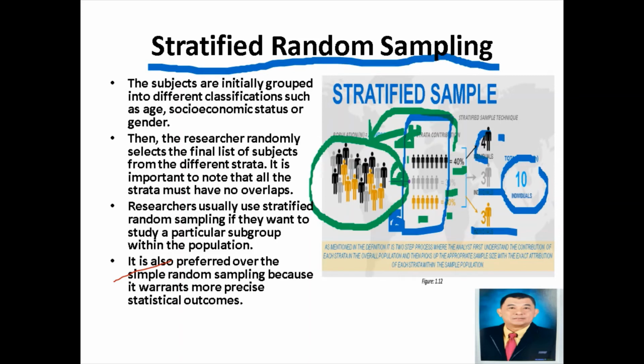And again, I would like to strongly reiterate that researchers prefer this type of probability sampling because it warrants more precision and reliability when it comes to its statistical outcomes.